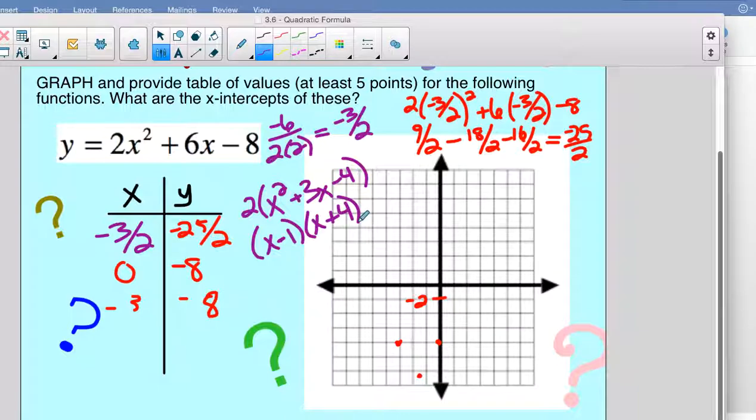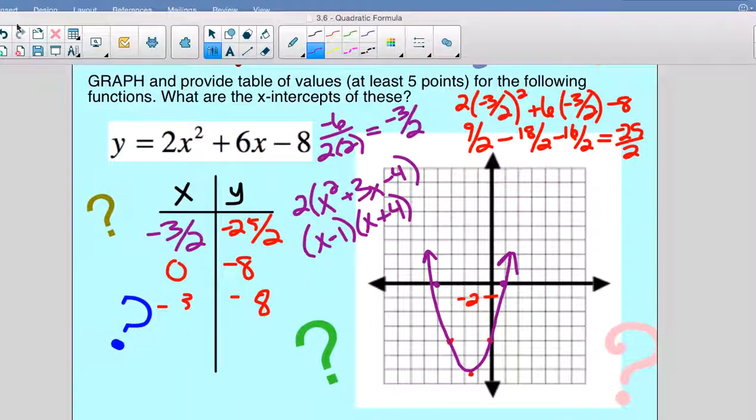So your 2 zeros from that would be negative 4 and positive 1. And then your graph would just be those all connected. All right, and then we're done with the warm-up.